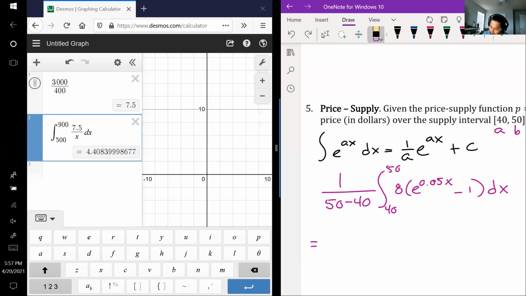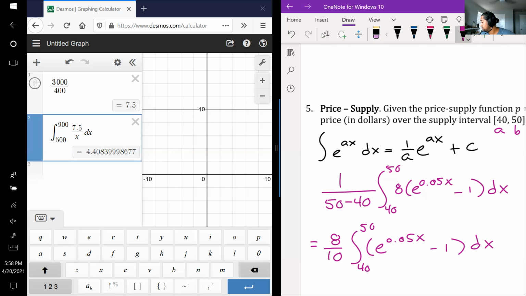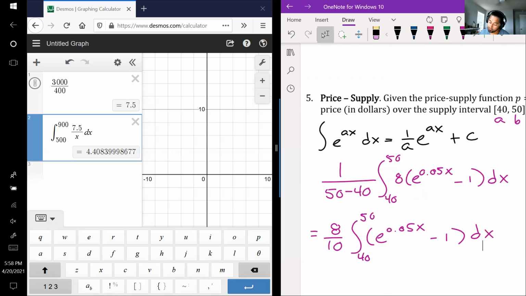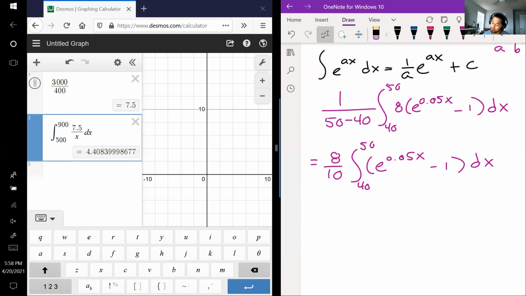So instead of 1 over 10, we're going to have 8 over 10 times the integral from 40 to 50 of e to the 0.05x minus 1 dx. So all I did was take that 8 and move it outside. Now we are ready to find the antiderivative, and we can reduce that 8 over 10. That should reduce to 4 over 5, bracket.